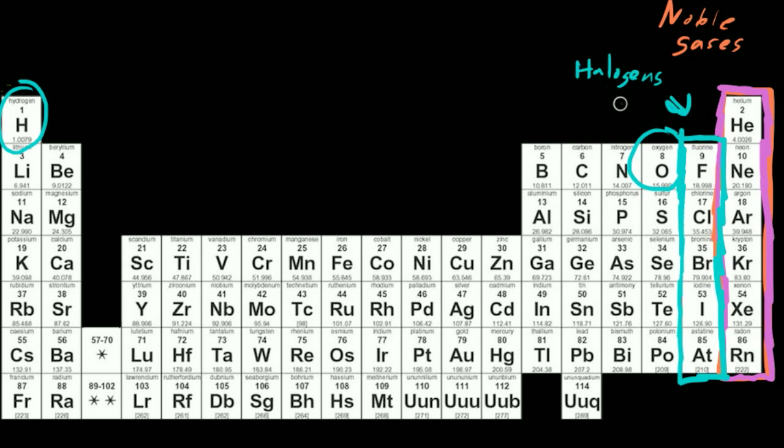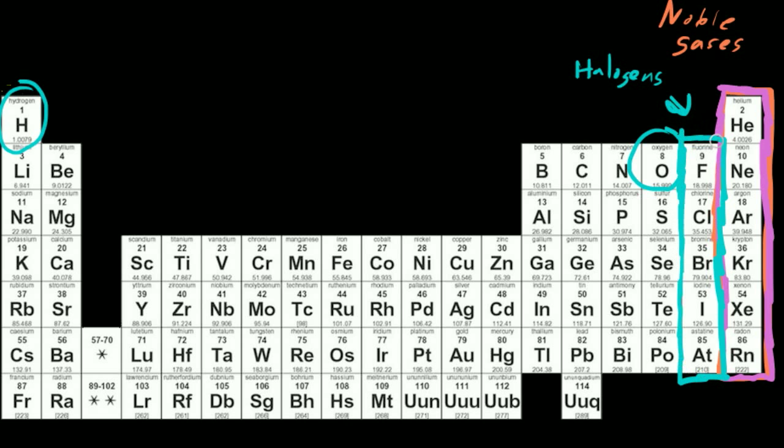One of the traits of the halogens is that they are extremely reactive. They are incredibly reactive. They react violently with other chemicals. They are the antithesis of the noble gases, or not necessarily the antithesis, but the noble gases are inert and don't like to form compounds and don't like to react with other elements. However, with the halogens, it's not impossible, but it's incredibly rare to find a single atom of any of them.